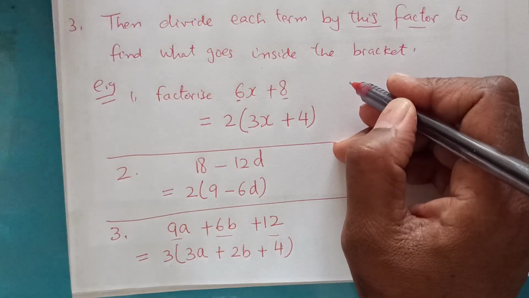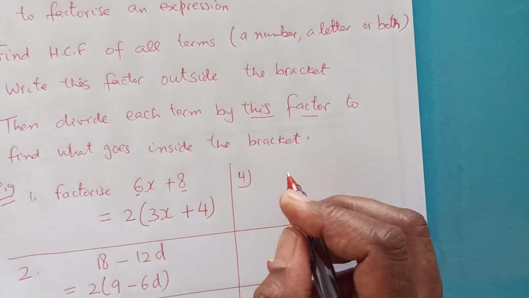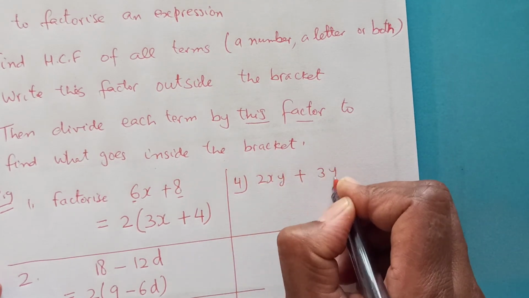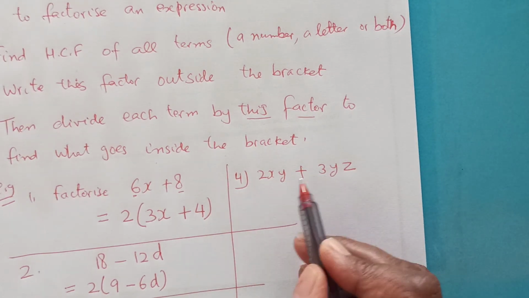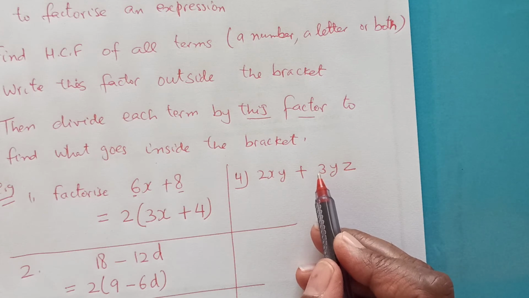We can take another example. Let's say we have here 2xy + 3yz. Now if we see 2 and 3, there is nothing common in them, so no number can be common here.